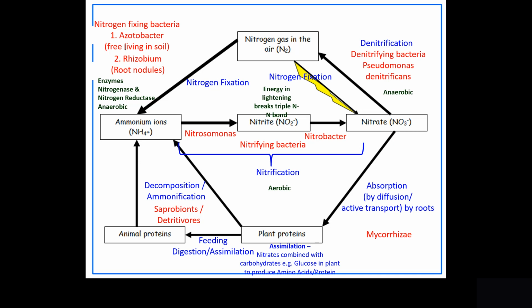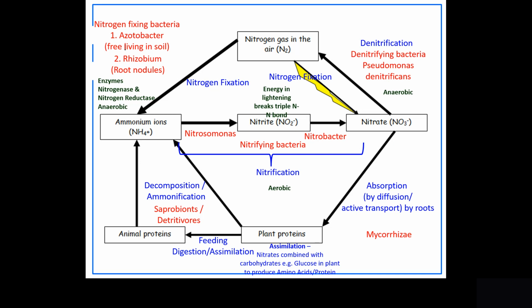Now, to complete the cycle, again, like with the carbon cycle, we have decomposers which are going to feed off the dead organic matter, but in this case, the dead organic matter that contains the nitrogen atoms, in a process called either decomposition or ammonification. The organisms that carry out this step are, as I said before, the decomposers or detritivores. We can also, at this level, call them saprobionts.